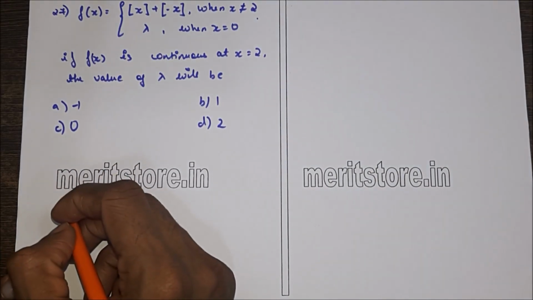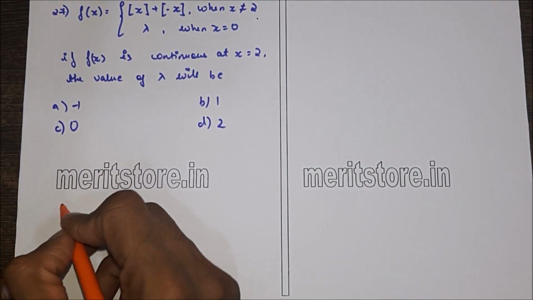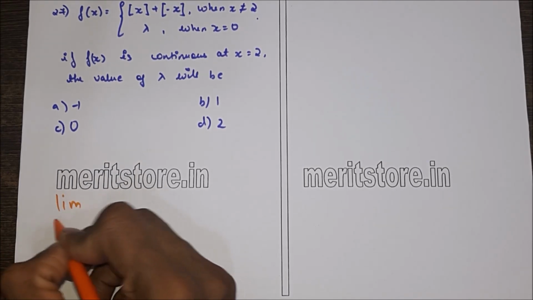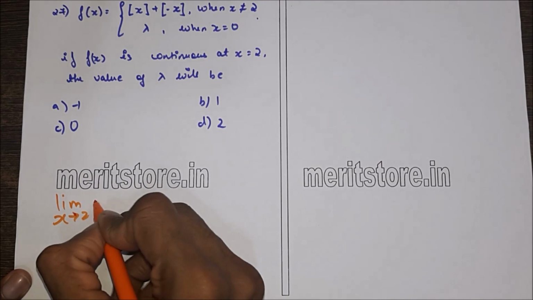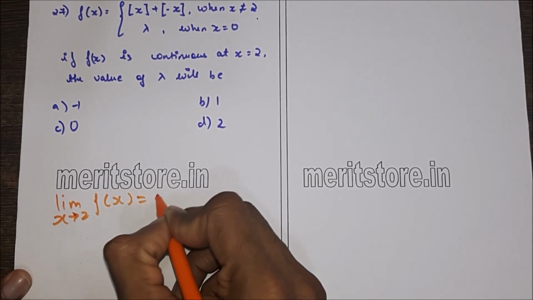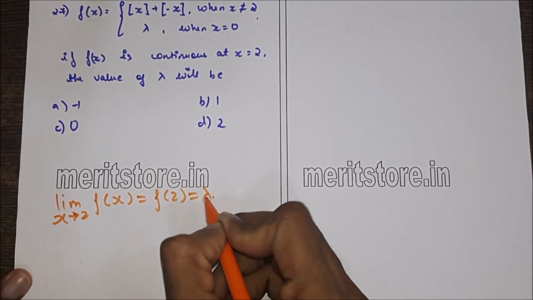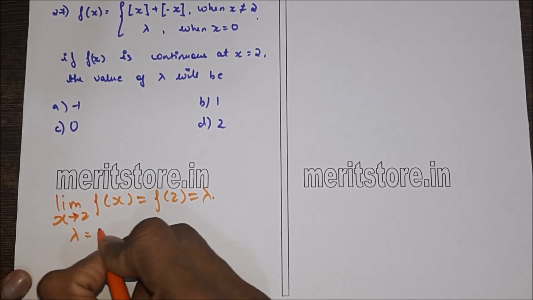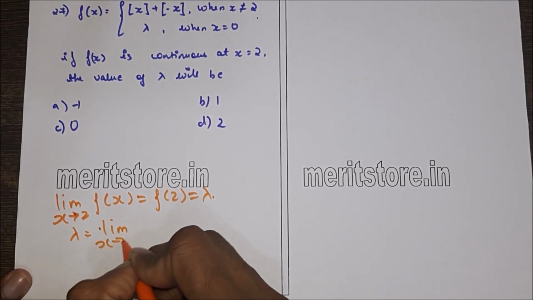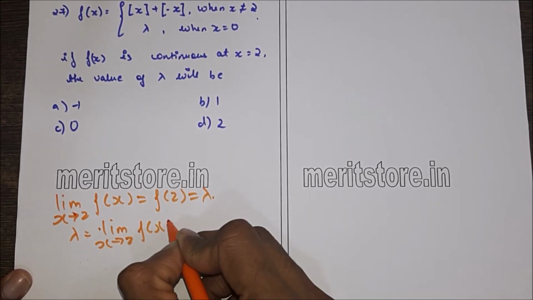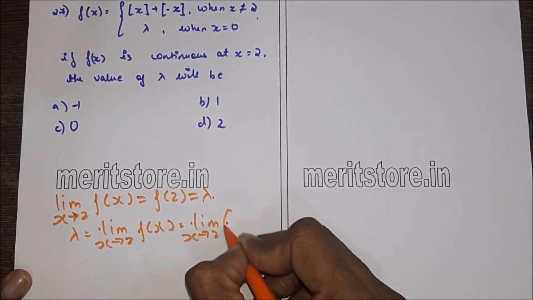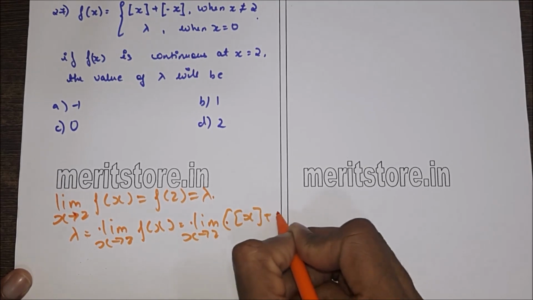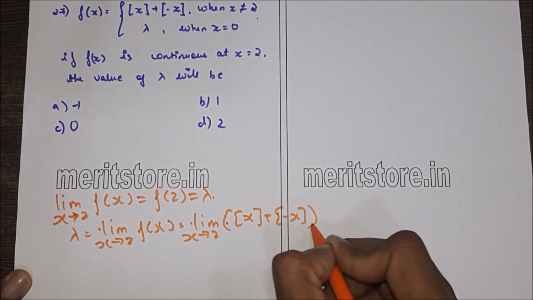F of x is continuous at x is equal to 2, therefore limit x approaches to 2 of f of x equal to f of 2 equal to lambda. Therefore lambda equal to limit x approaches to 2 of f of x equal to limit x approaches to 2 of x plus of minus x.